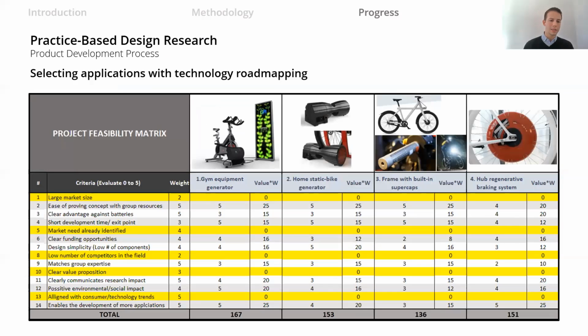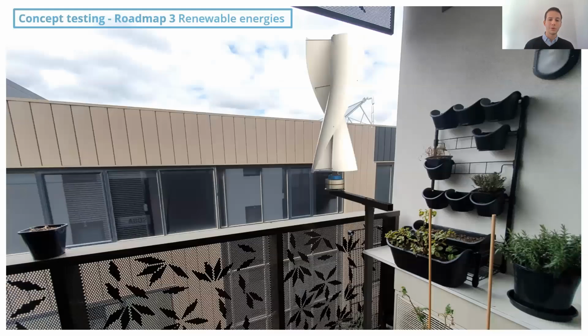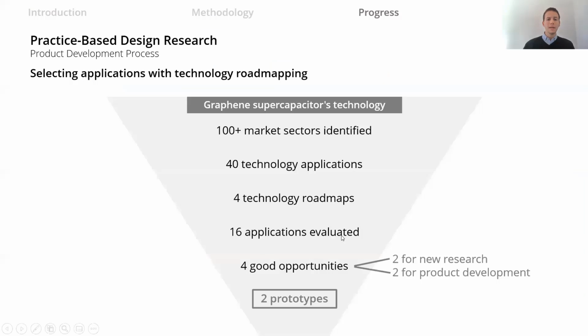Then we did some selection process when we had some market criteria and some technical criteria. So we compared all the applications, we compiled the results together, and we ended up identifying and developing prototypes for 2 of them. After the prototypes, we actually ended up doing 2 demonstrators and presenting them in a conference.